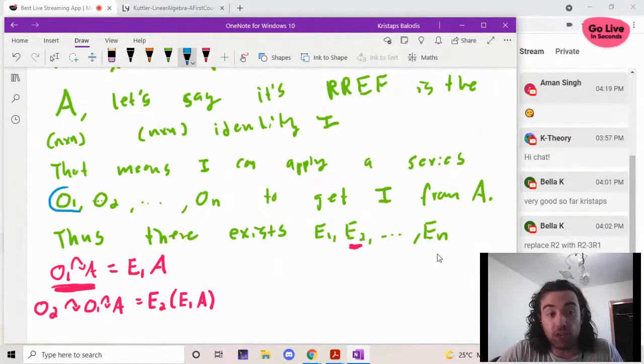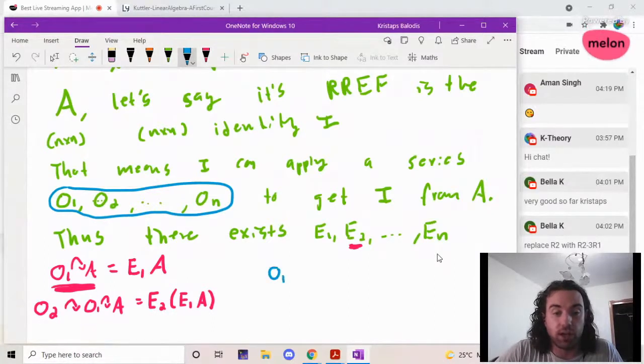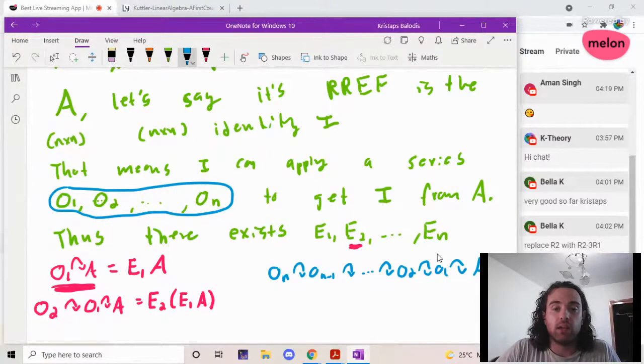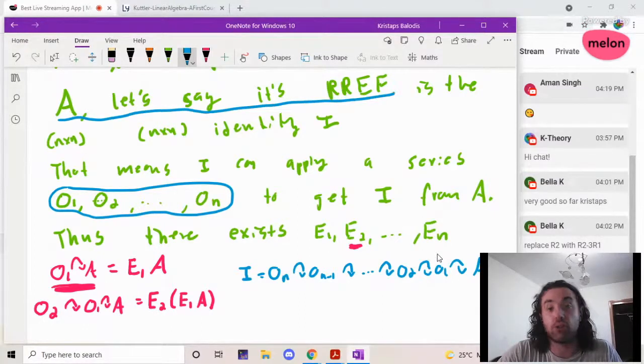So if we're saying that I can apply all these row operations, so like I do the nth row operation, then the n-1 row operation, down to O2, O1, I do all these row operations to A, and I'm saying that I get the identity matrix, right? That's what I'm saying. Let's pretend that A's reduced row echelon form matrix is the identity matrix.